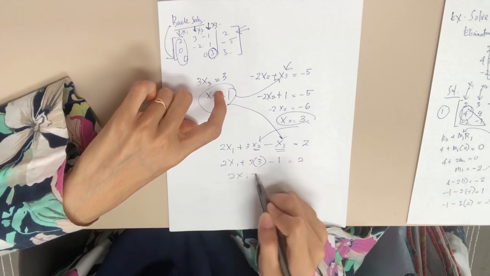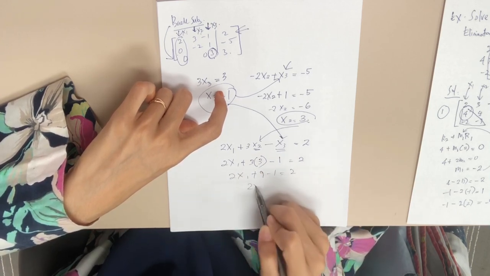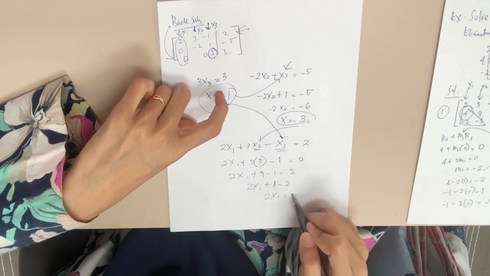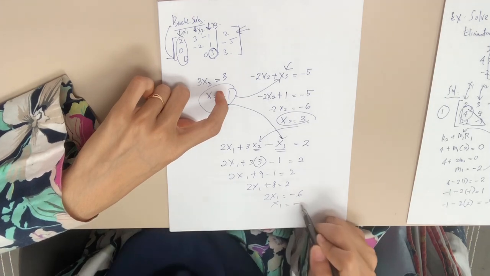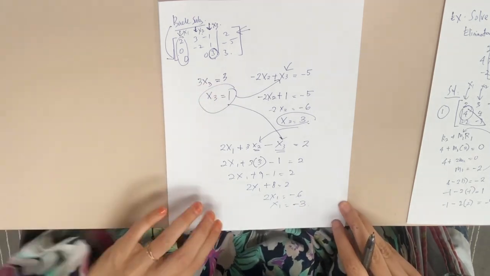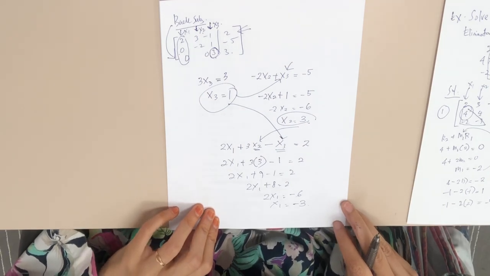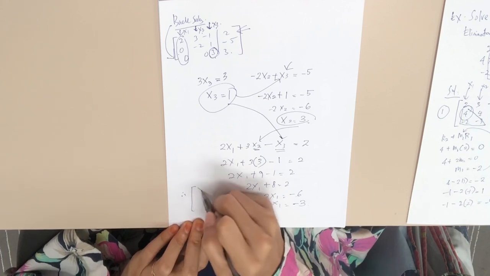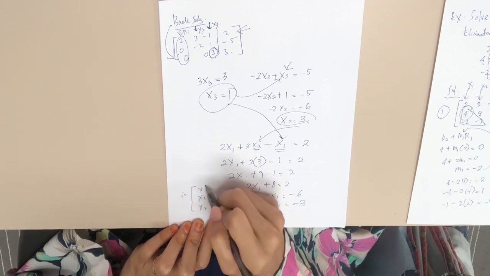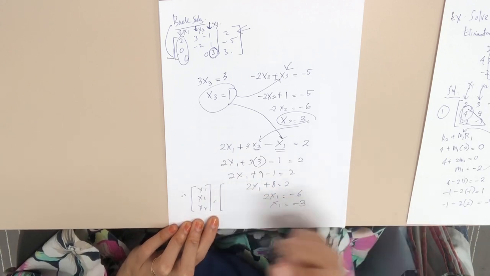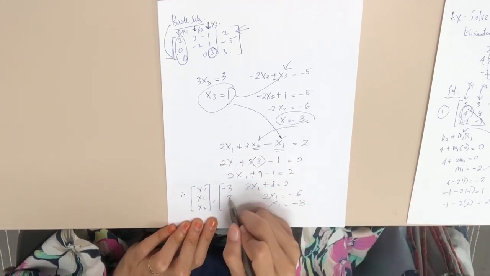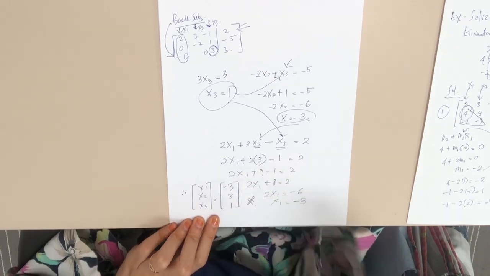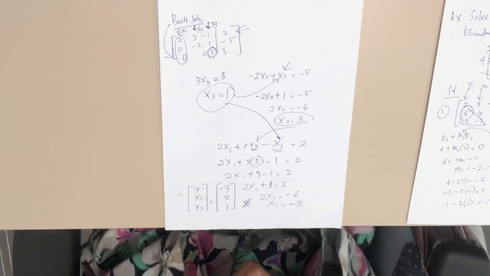Simplify: 2x1 plus 8 equal to 2. 2x1 equal to -6, x1 equal to -3. So you already get all the values of the variables. Therefore, your final answer is -3 for x1, 3 for x2, and 1 for x3. So this is your final answer.